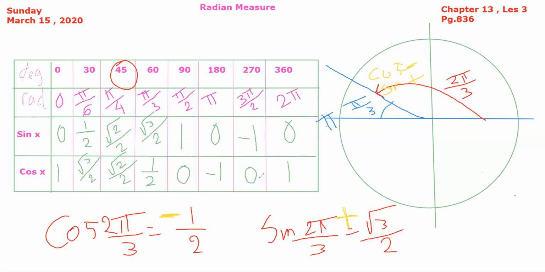Now, in a calculator, sometimes you find D and R. This D means degree, and R means radians. So if you use R and you write sine of 7 pi over 6, it will give you the answer. And if you use degree and you write 210, it will give you also the answer.